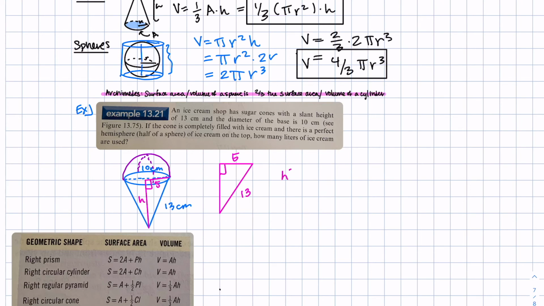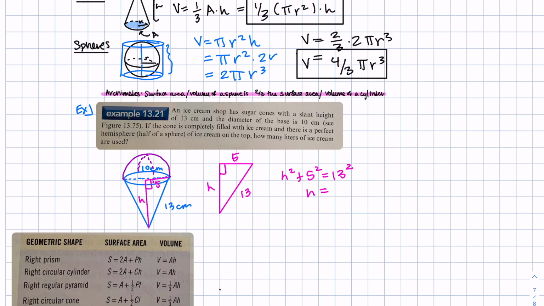And of course, the Pythagorean theorem tells me that the height then should be h squared plus 5 squared is equal to 13 squared. And so if I solve for h, so this should be h squared plus 25 is 13 squared, and 13 squared is 169, that's right.